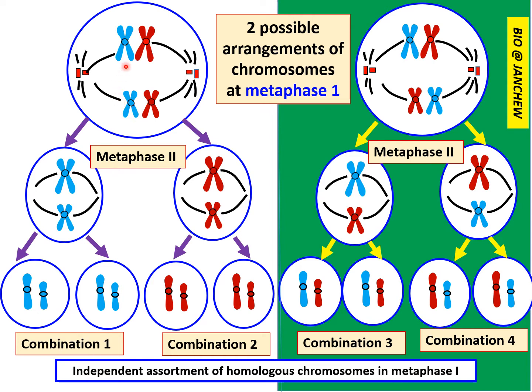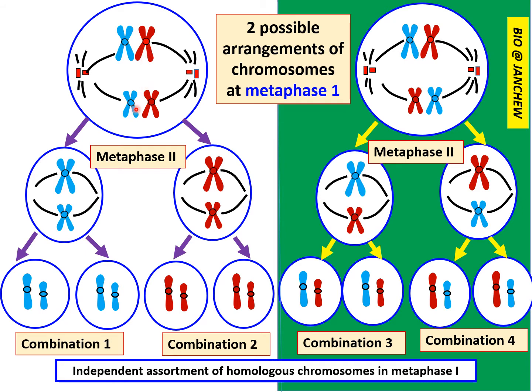And also if we compare the maternal chromosome with the paternal chromosome in a pair of homologous chromosomes, they carry different alleles or versions of genes. Maybe mother has the allele for brown hair, but father has the allele for yellow hair. Alleles are different versions of the genes. Mother may have the allele for blood group A, father may have the allele for blood group B.